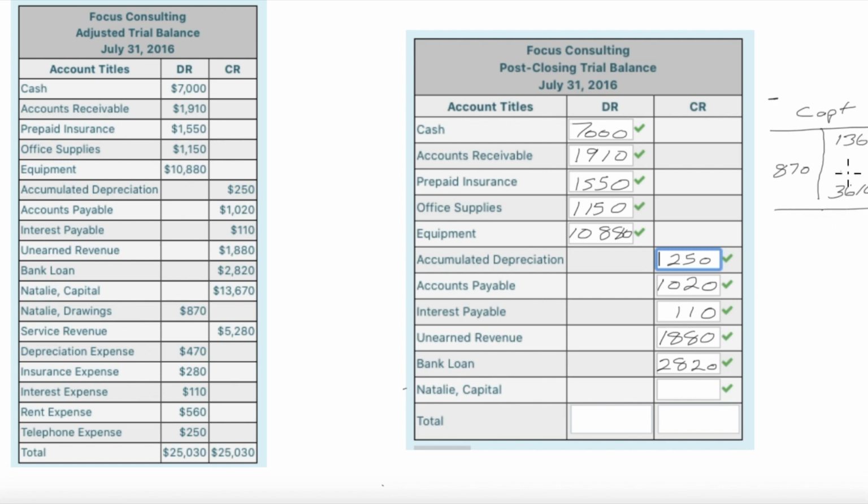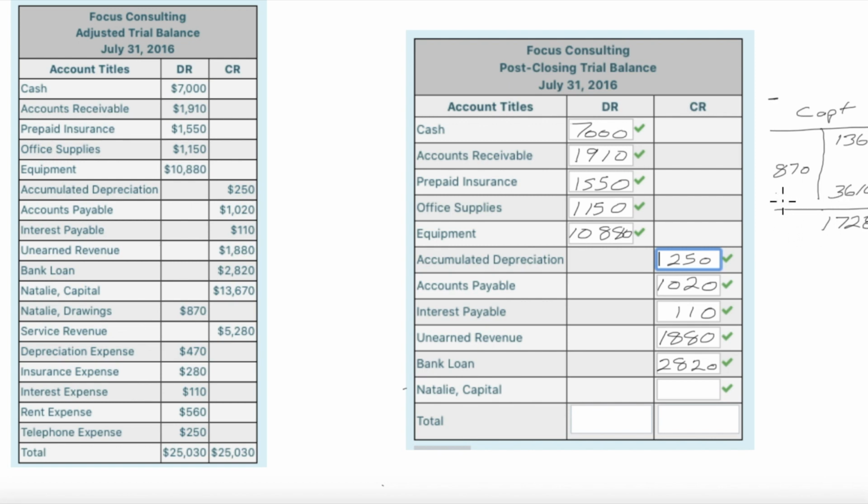So if we add this side up, at quick glance we know this doesn't balance, right? Because left has to equal right. This number here would be 17,280, right? So this has to be on both sides.